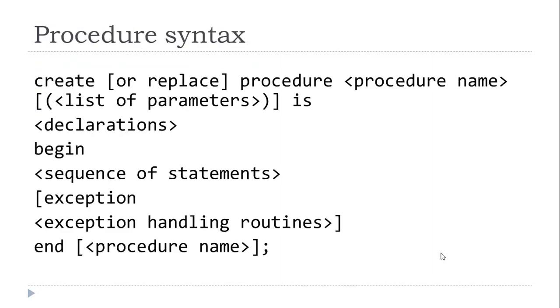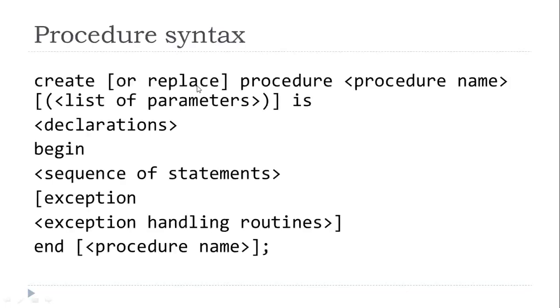Now we'll see the syntax of the procedure. If we are creating a new procedure, we use CREATE PROCEDURE, or if we use the OR REPLACE keyword, it will replace the procedure, meaning there is no need to create a new one, it will update the procedure.